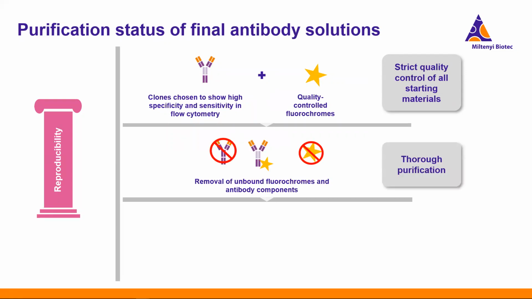After conjugation, the antibody fluorochrome mixture is purified, which will remove any unbound fluorochromes and any antibody that's not bound to that. And since we use a chromatographic method to purify antibodies, any contaminating immunoglobulins would not be removed at this step. So it's really important our antibody product doesn't contain antibodies that are created by or with the fusion partner. And it's not possible to do that with a recombinant antibody.